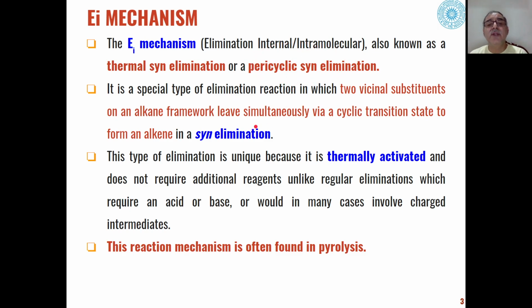And this Ei elimination is a special type of elimination where two vicinal substituents on an alkane framework form a cyclic transition state, as we have seen in the previous slide, that a six-member transition state is formed here in case of xanthate esters, and ultimately we will get an alkene as the product through a syn elimination reaction.